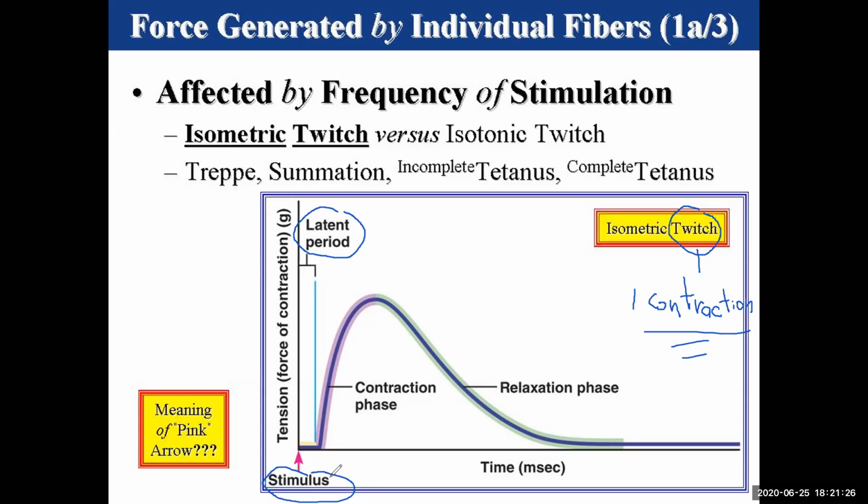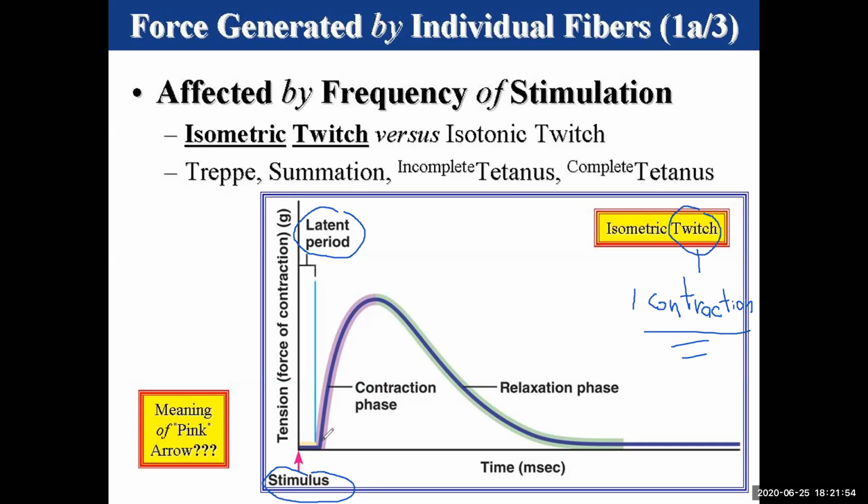It takes time to activate the voltage-sensitive sodium channels to give birth to an action potential on the sarcolemma, and it takes some time for that action potential to spread throughout the entire skeletal muscle fiber. Because of that, there's a lag here between the stimulus and the response, which is the contraction.